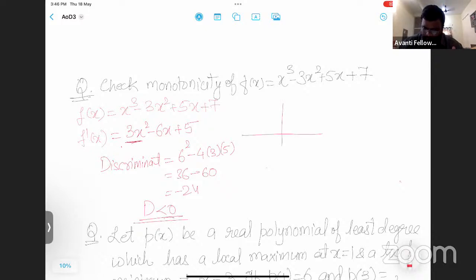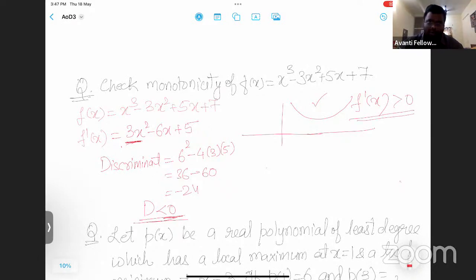So will the graph of f dash x always be above the x-axis? Right, the coefficient is positive, so the graph will open upward. D is less than 0, so the graph will never cross the x-axis. The graph will always be above the x-axis. Hence f dash x is always positive for all values of x.